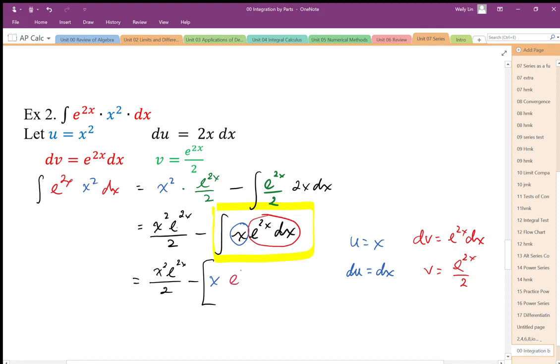So x times e to the 2x over 2, and then my new integral minus, so this is applying my formula, uv minus integral of v du. So my new v here, and I'm generating my new integral, and du is going to be dx. So here's my v du. Sorry, my du is dx.